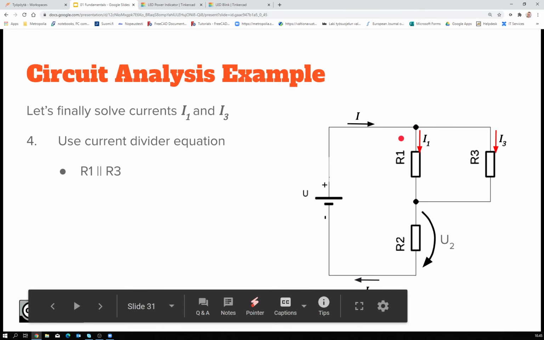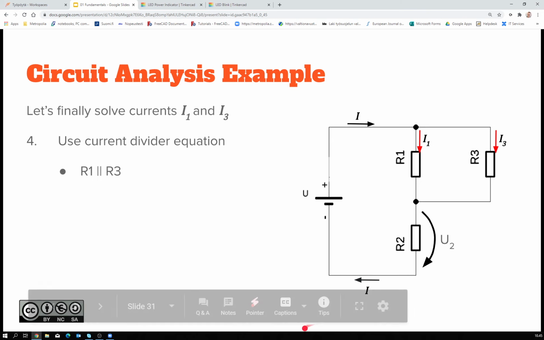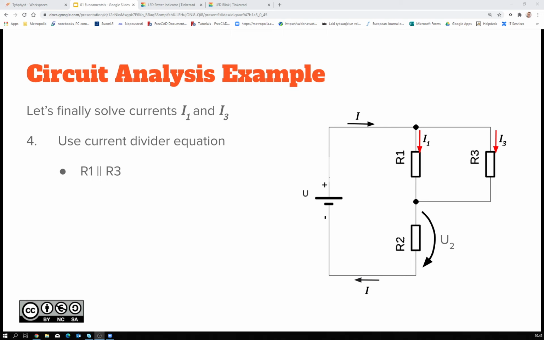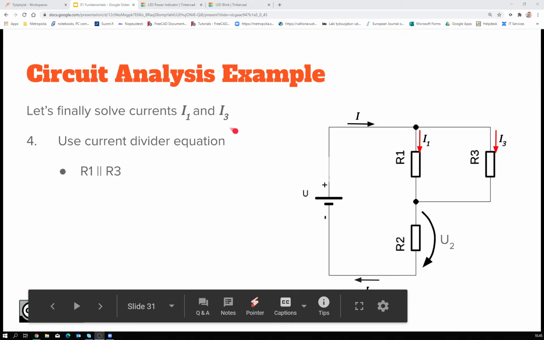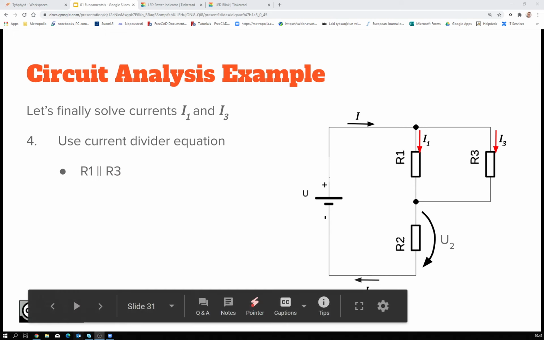Oh, great. Okay. Reboot. No, I'm not touching it as long as you see everything okay. Can you try moving your mouse just to double check, because we are in slide 31. Does it move? It does not. It's frozen. Okay. Does it say part 4, use current divider equation? It does, yes. Okay. We are on the same slide. Let's check the next one.